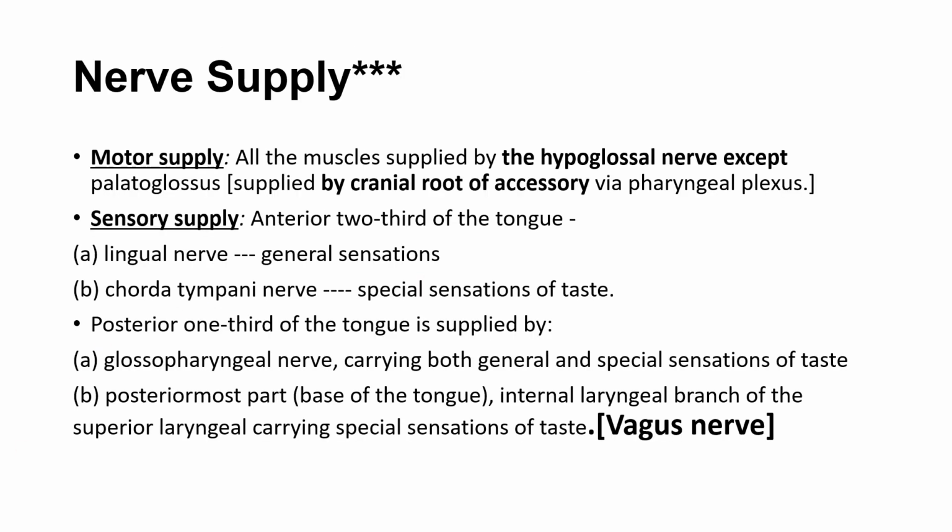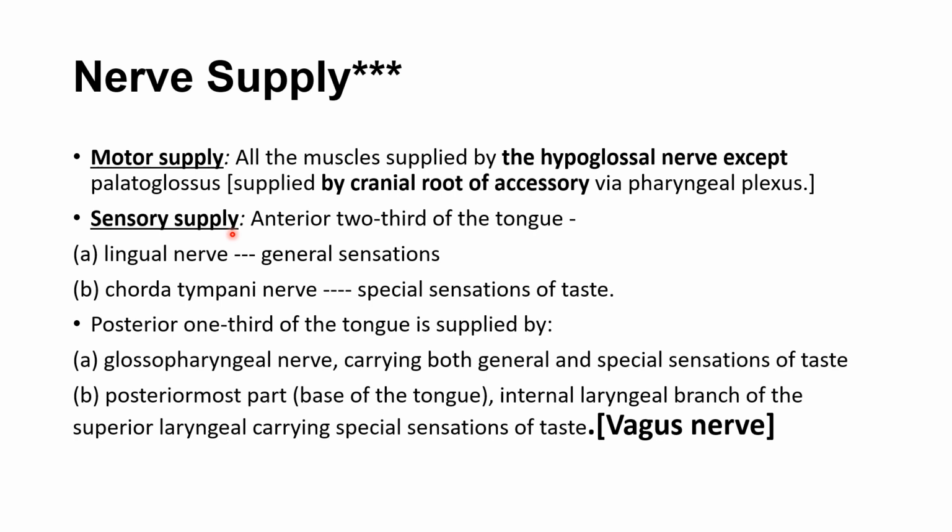So the motor supply, the nerve supply of the tongue, is by the hypoglossal nerve, except to the palatoglossus, which is supplied by the cranial part of the accessory nerve. This accessory nerve has two parts: cranial and spinal. So the cranial part is supplying the palatoglossus. The sensory supply is again divided into the anterior two-thirds of the tongue and the posterior one-third of the tongue.